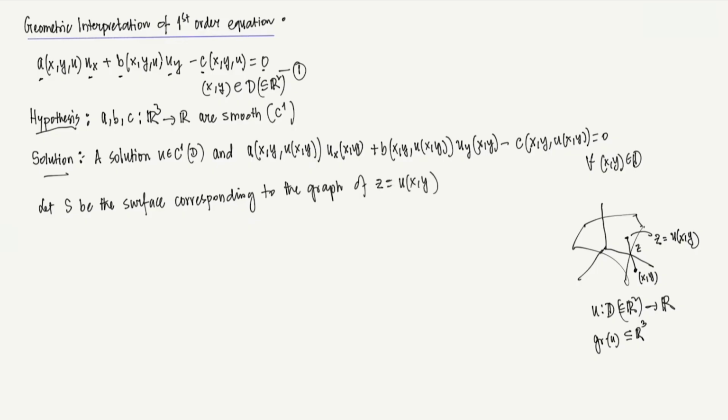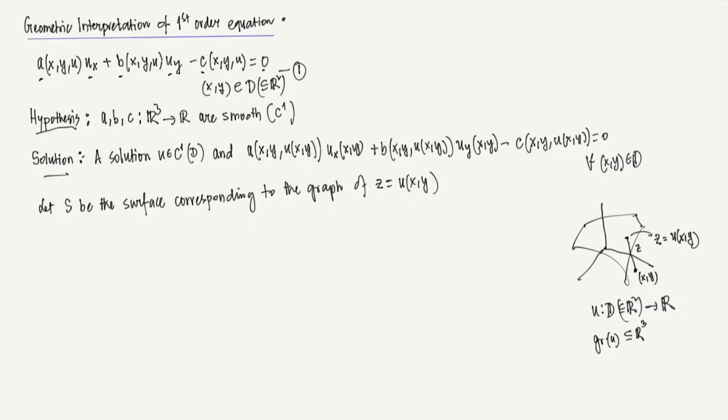See, we need to find u, right? And the thing is, u is from R2 to R. So essentially, the graph of a function lies in R3. Yes, so that is basically nothing but a surface. Yes, and any point on that surface is given by x, y, z, where z is u of xy, right? Yeah, that is clear.